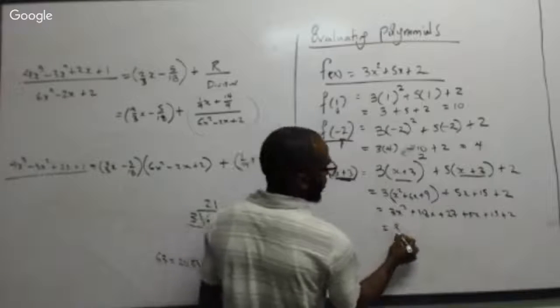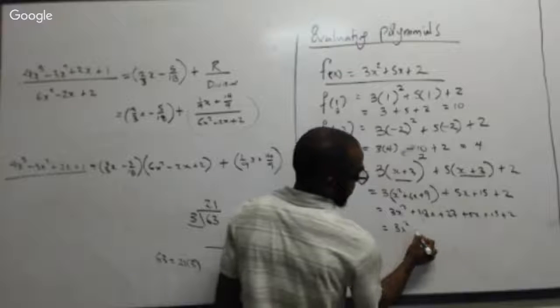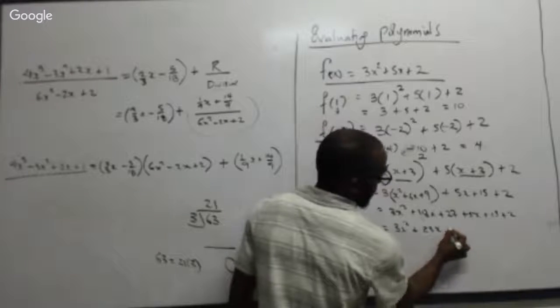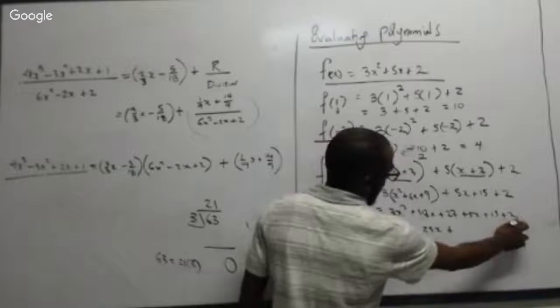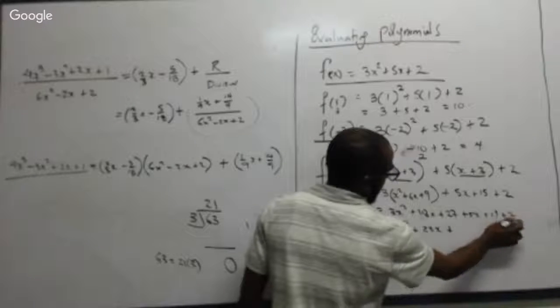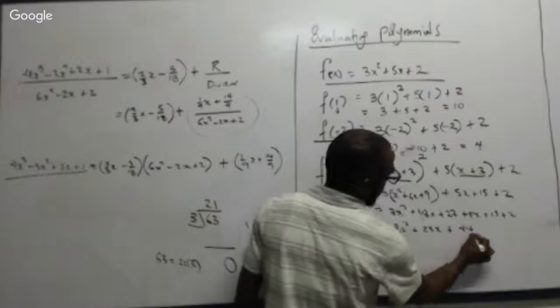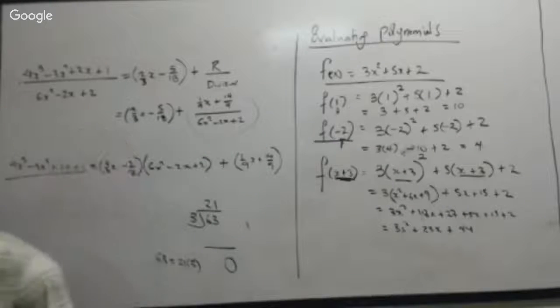Grouping like terms, 3x squared plus 18x and 5x is 23x, plus 27, 42, 44. Right? So the answer is 3x squared plus 23x plus 44.